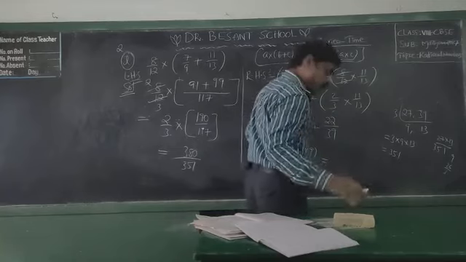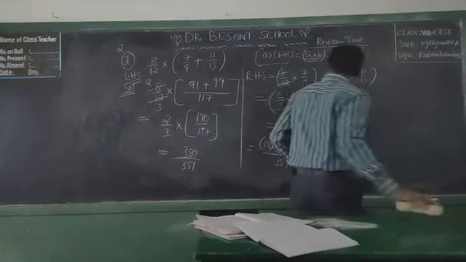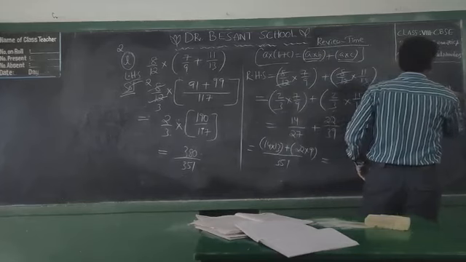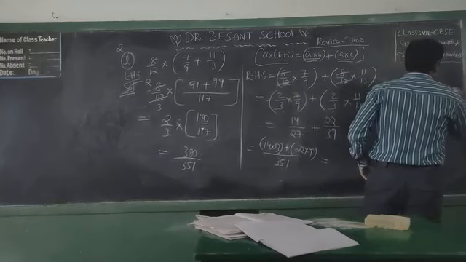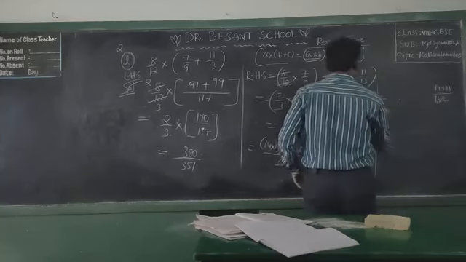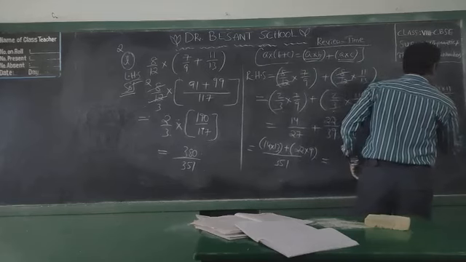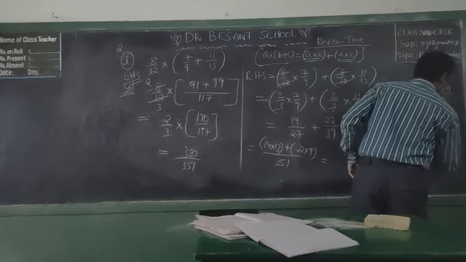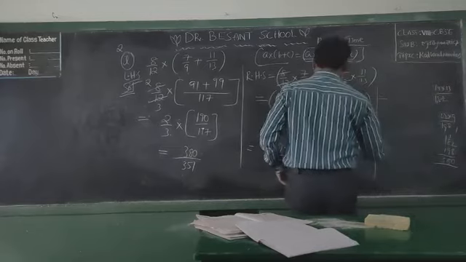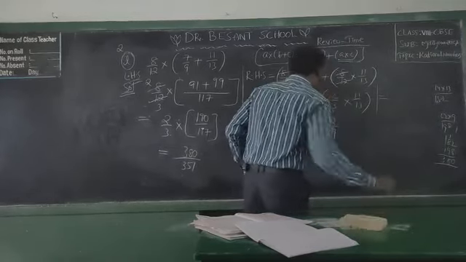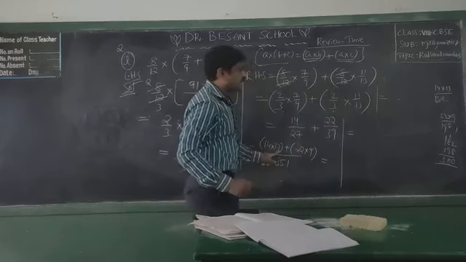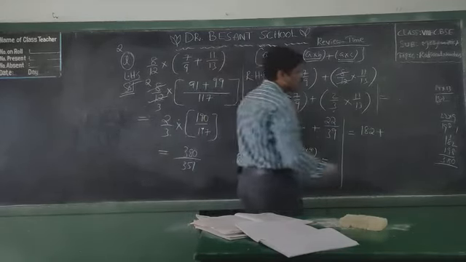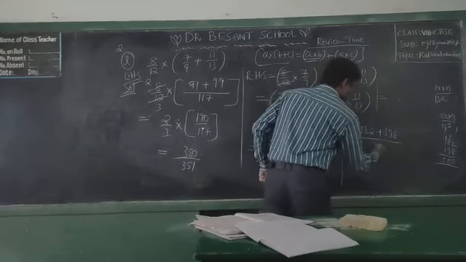So that is equal to 14 into 13, that is 182, and 22 into 9, that is 198, by 351.